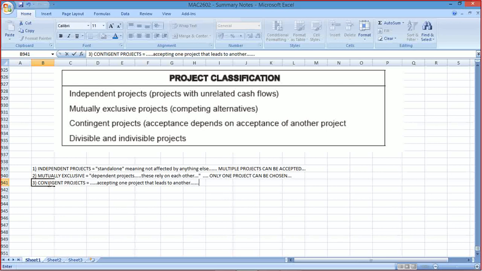It's not quite dependent in terms of one eliminating the other. It's like steps. If I do this, then I can do that. It creates more opportunity.